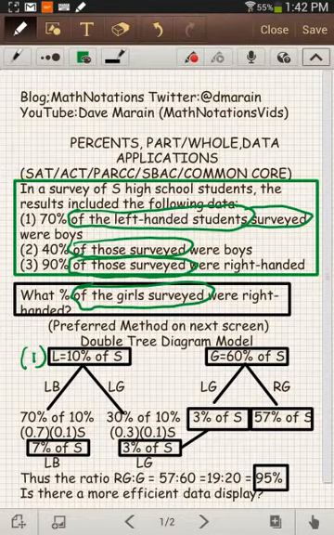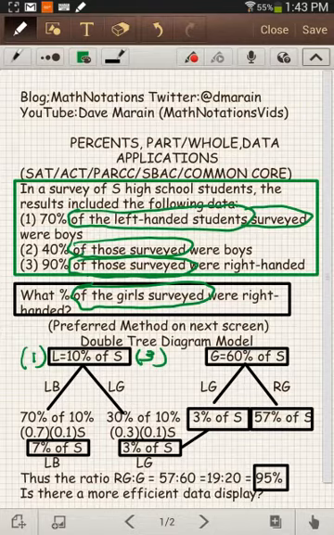That comes from condition 3. So we'll see how these two conditions play out. Condition 2 will be used on the right side of this tree model. So since 90% of those surveyed were right-handed, that leaves 10% of S left-handed.